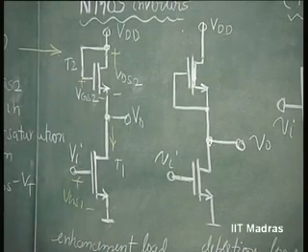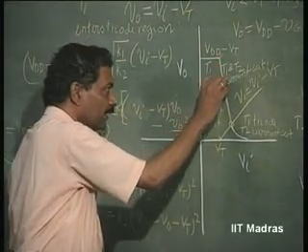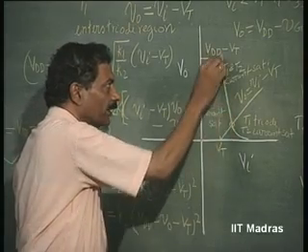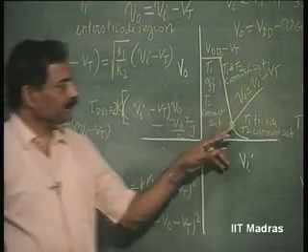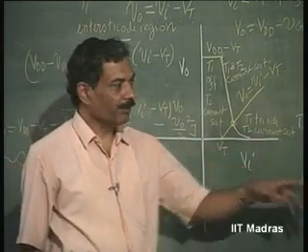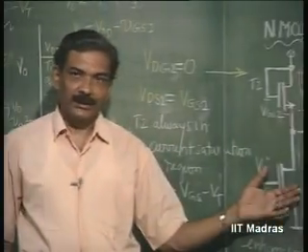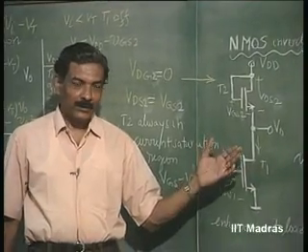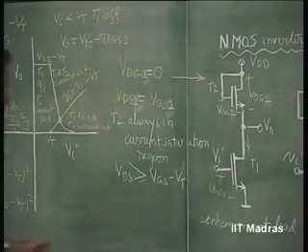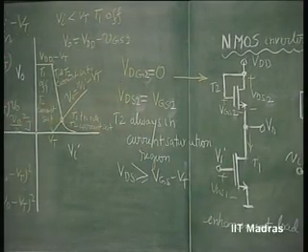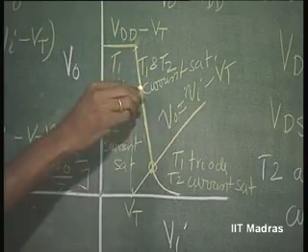So, therefore, it is perfectly linear here up to this point. Anyway, this region we are ignoring because the amplifier is going to saturation, right. So, this T1 is going to triode region. Okay. So, this is the operating point.